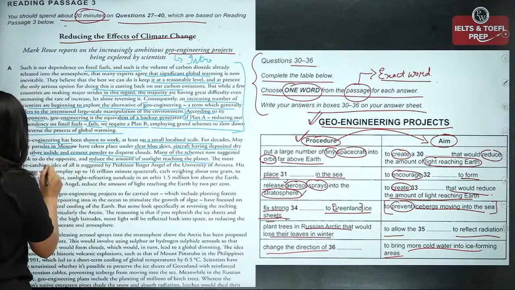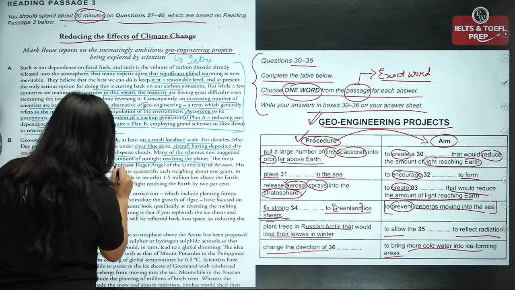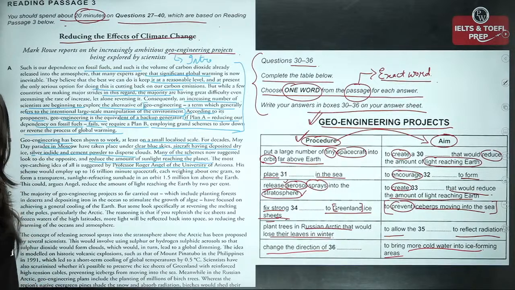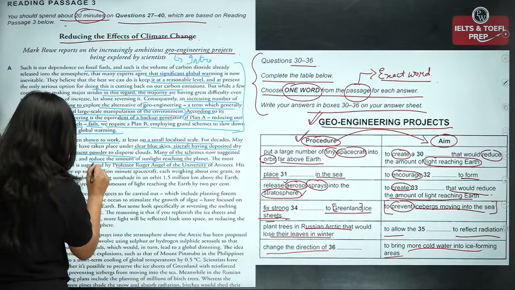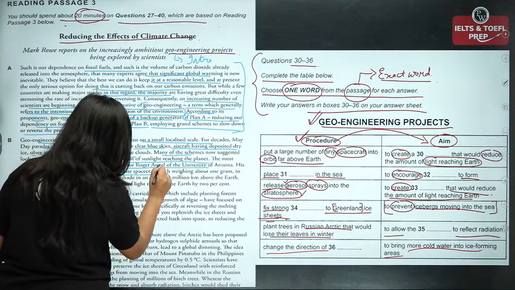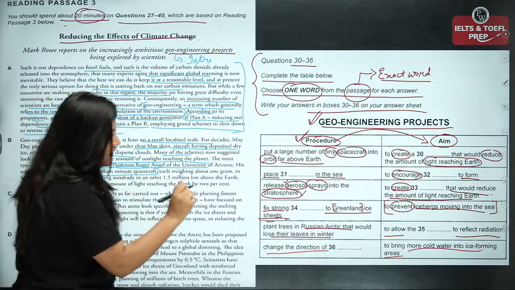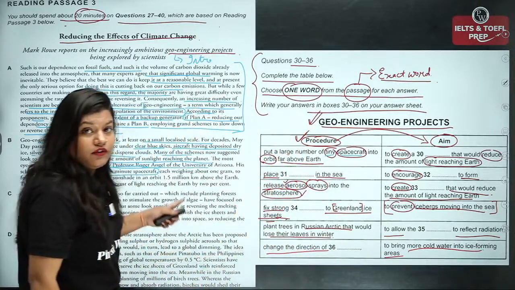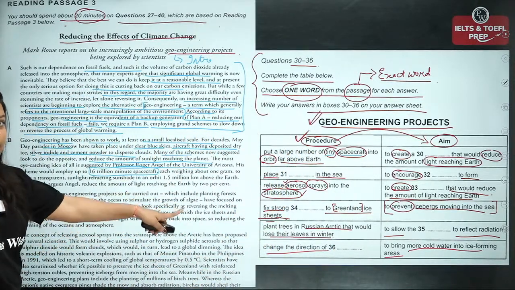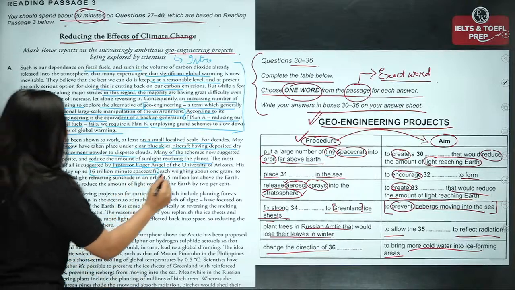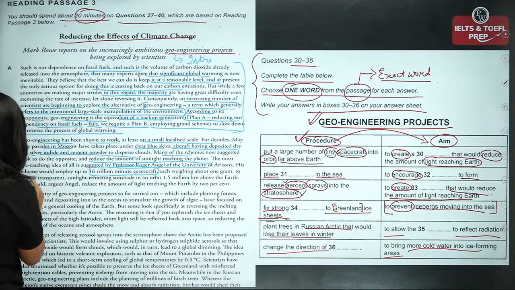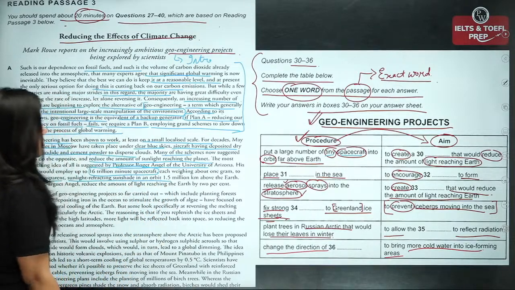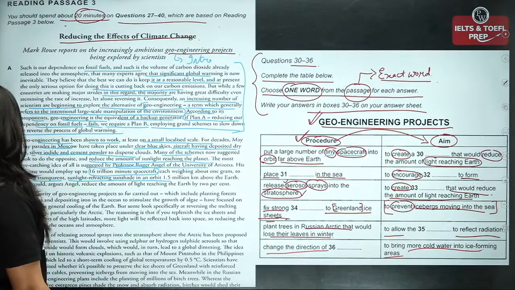The most eye-catching idea of all is suggested by Professor Roger Angel of the University of Arizona. His scheme would employ up to 16 trillion minute spacecraft, each weighing about 1 gram, to form a transparent sunlight-refracting sunshade in orbit 1.5 million kilometers above the earth.